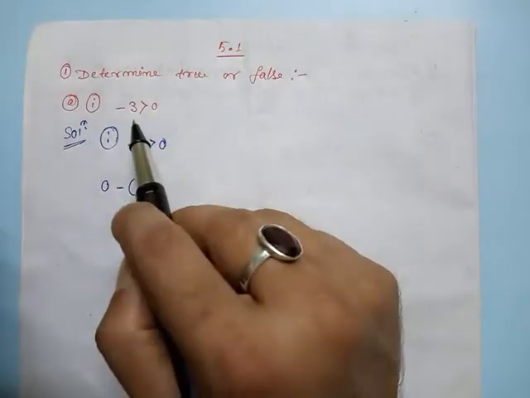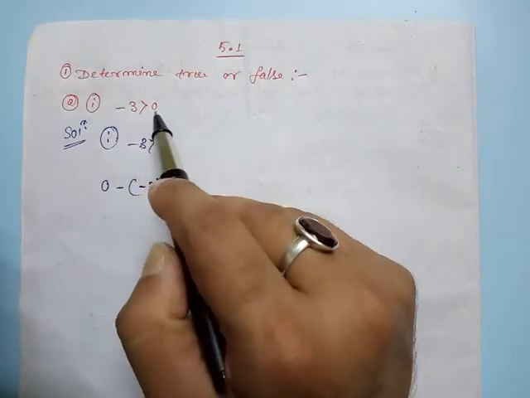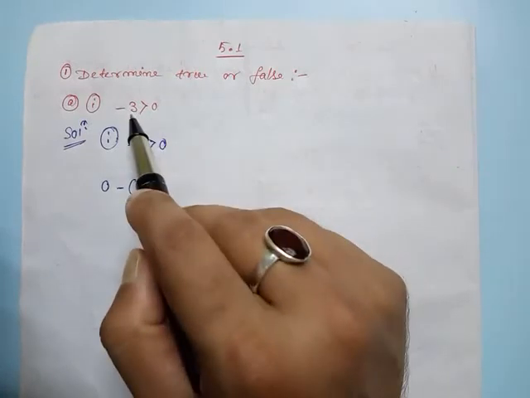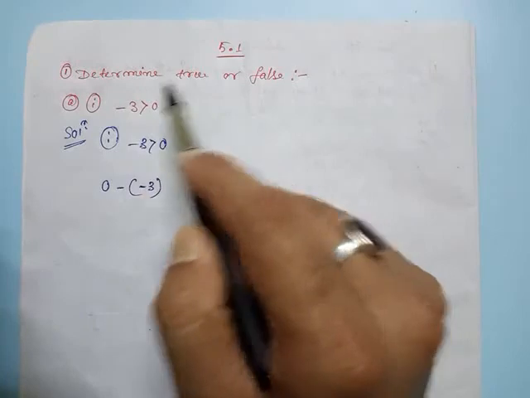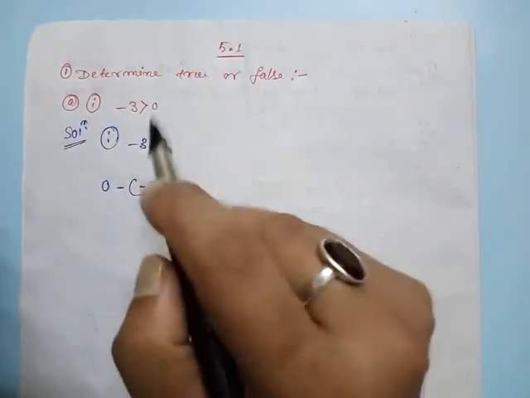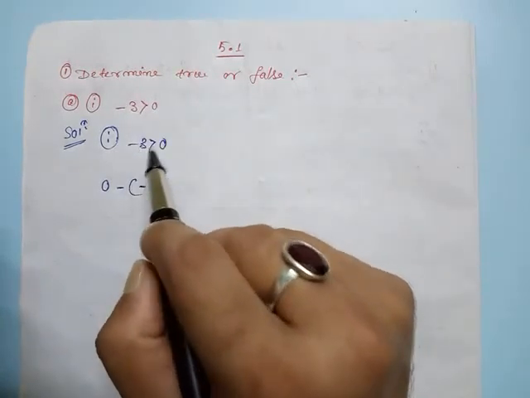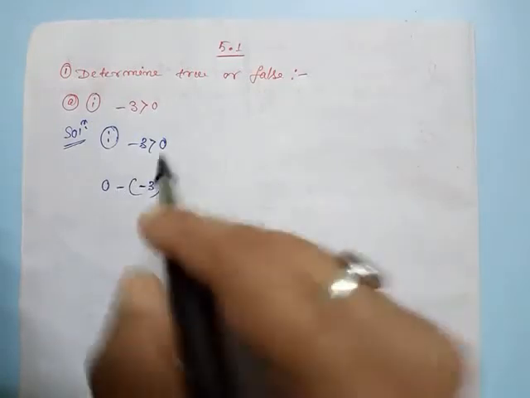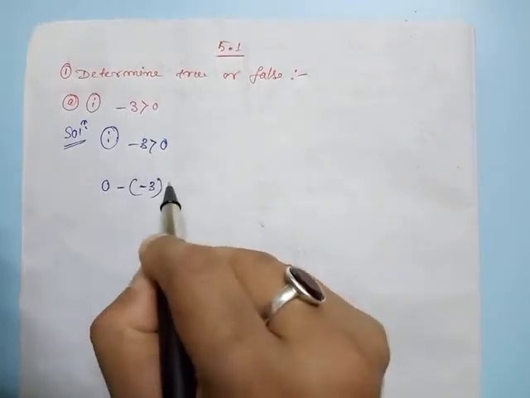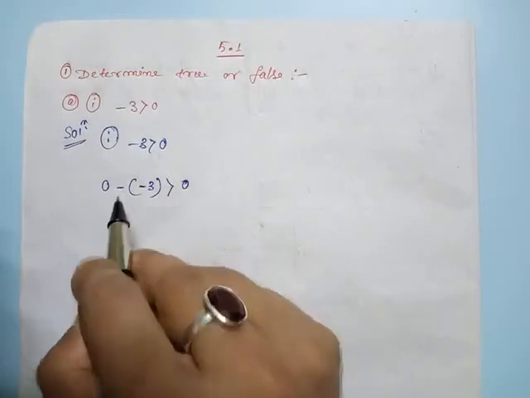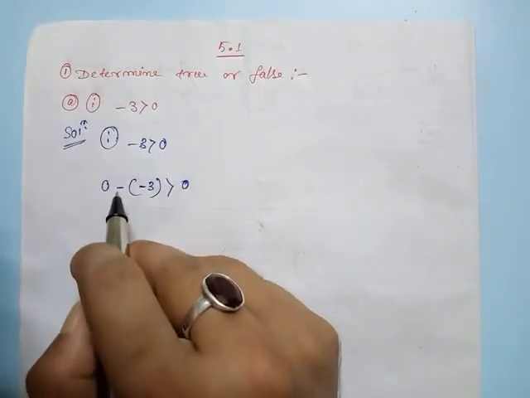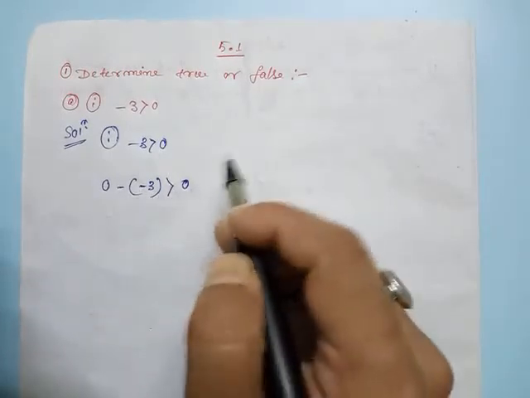Look here, it is given minus 3 bigger than 0, which is false, because minus 3 cannot be bigger than 0. Minus 3 should be less than 0. That's why I have written the first question, minus 3 bigger than 0, then 0 minus 3, and this value is now bigger than 0, because if you count minus and plus, then plus 3 bigger than 0.